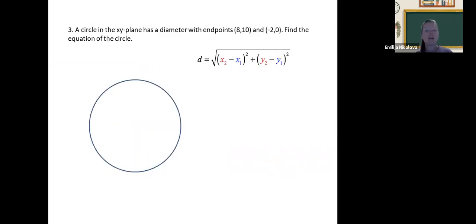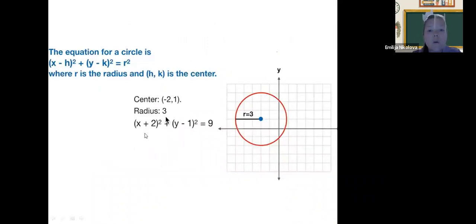So now we have one exercise to find out, but I didn't mention one more thing. If we have a circle that is in the center, so it's not moved, that means the center of the circle is at the coordinate origin, so the x coordinate will be 0 and the y coordinate will be 0 as well.